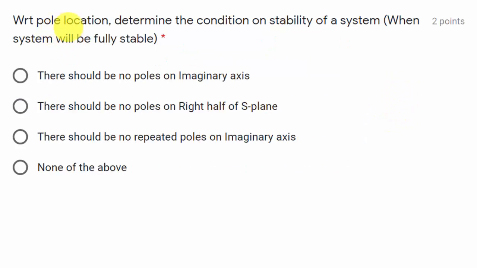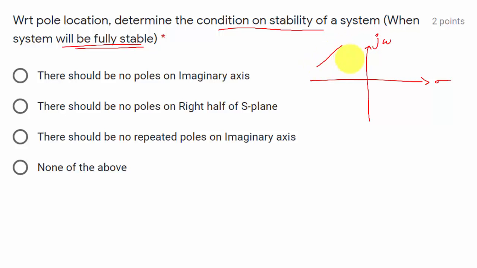Next question, with respect to pole location, determine the condition on stability of a system when the system will be fully stable. Now consider an S plane. In this S plane, you are going to plot with respect to sigma and j omega axis. Whenever all the poles are residing on the left half of S plane, at that time the system will be a stable system.